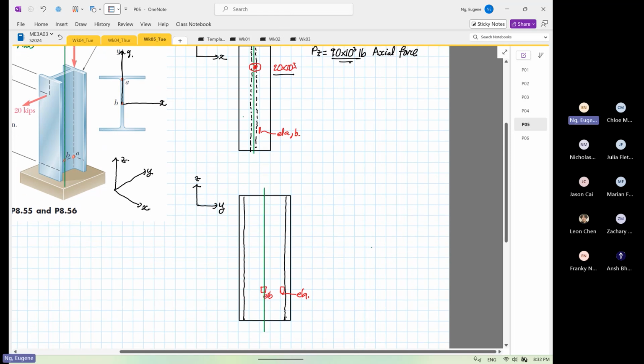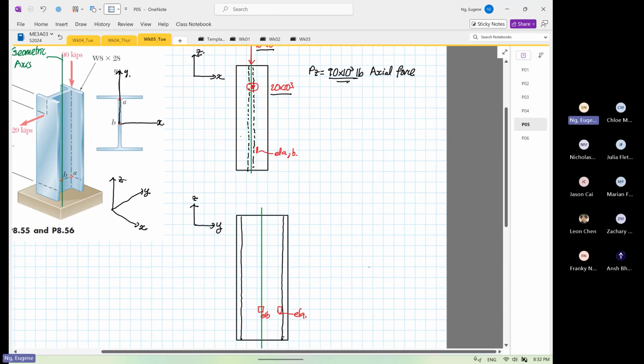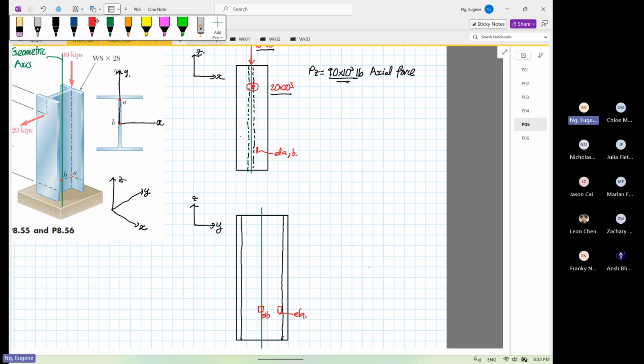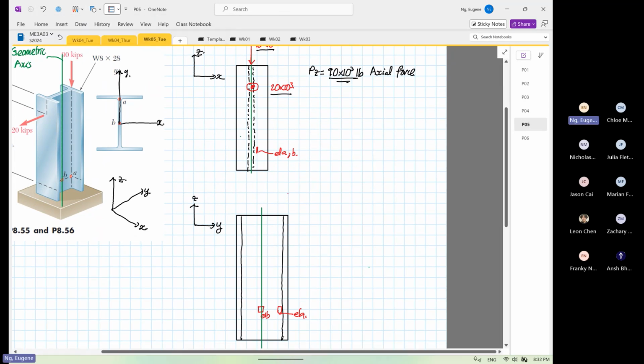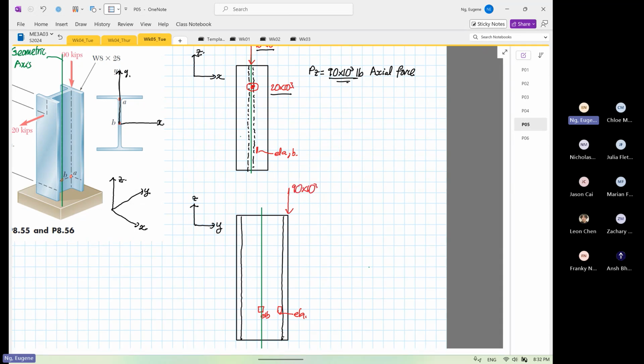Now, this is where things get interesting. So we know that we have a distance away, a force over here. This is 90 times 10 to the power 3 pounds. And then we have a force over here. This is 20 times 10 to the power 3 pounds.